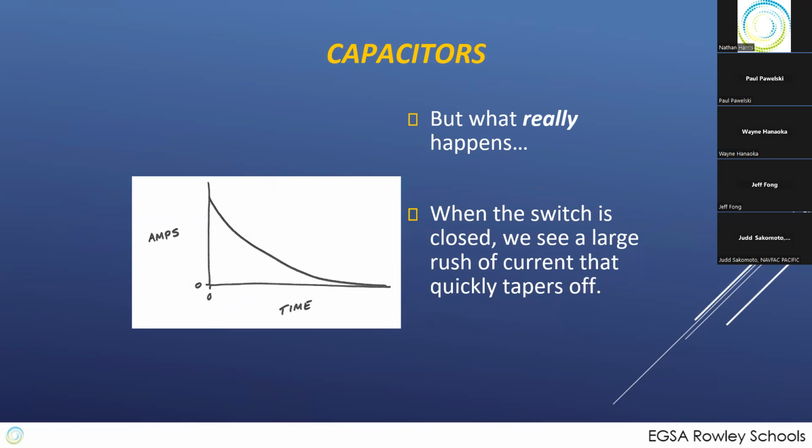And the thing is, electrons don't like being around each other. They'd like to be as far away from other electrons as possible. So as they go into the capacitor, they go to the far ends of the plate. When those far ends are filled up, they start filling the middle, and they try to spread it out so that there is the maximum amount of space between each electron in there.